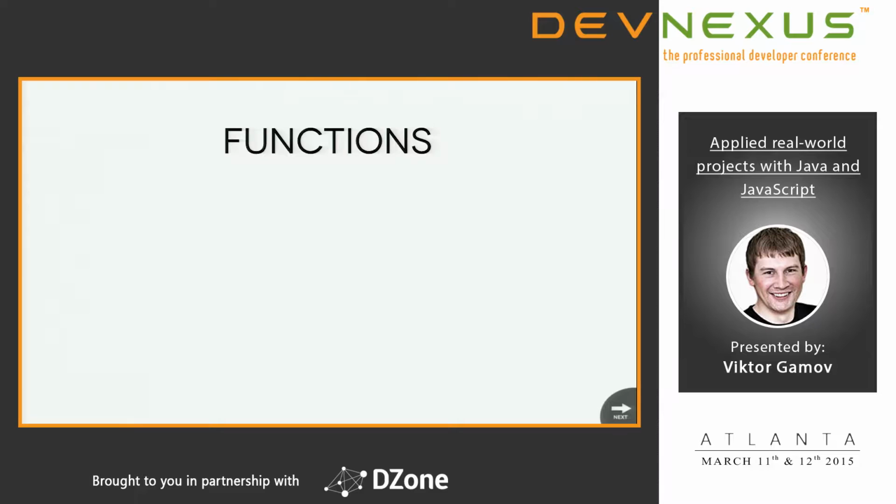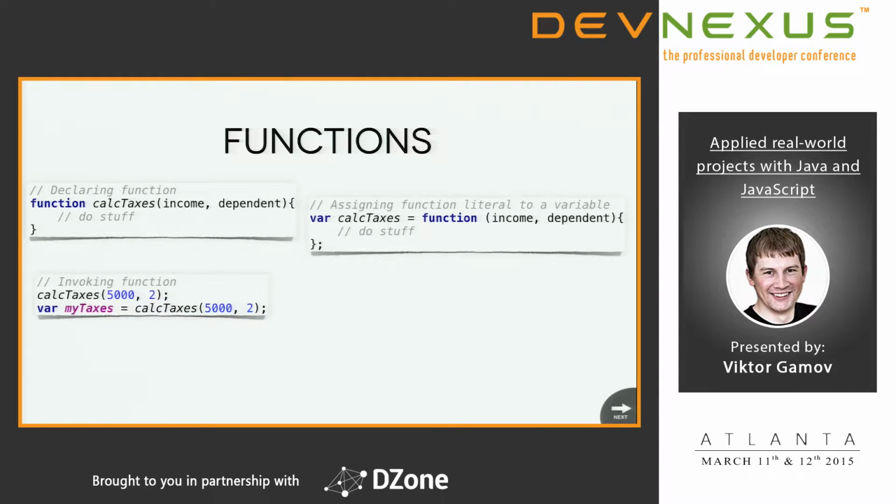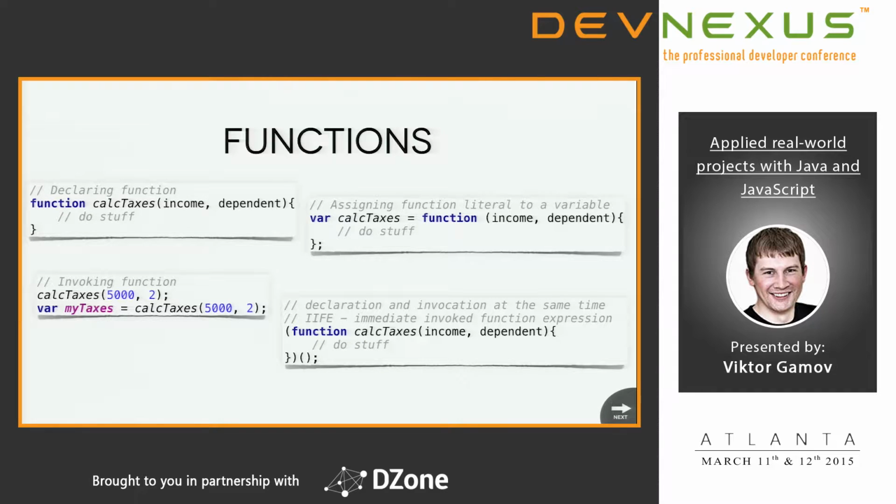JavaScript also has functions, and there are different ways to define and invoke them. In this case, you can use the keyword function, assign a variable to this function, and after that invoke it by name, or you can have your function immediately invoked.